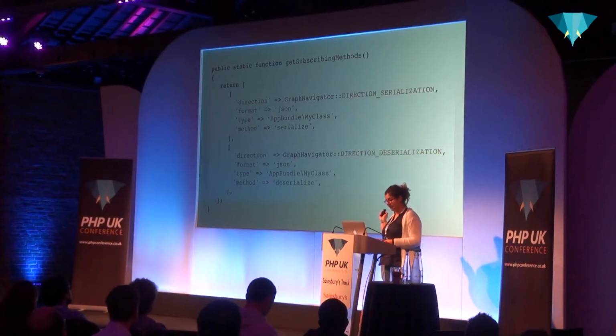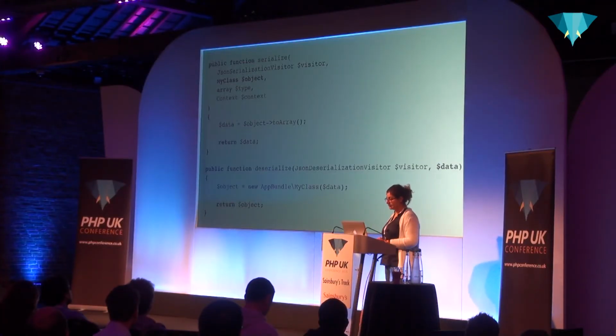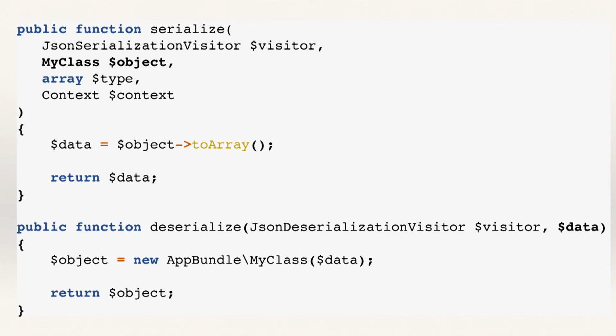So you implement that, and then you just implement those two methods according to what you did here. Here you can see that I put method serialize, method deserialize. Here I have both methods.